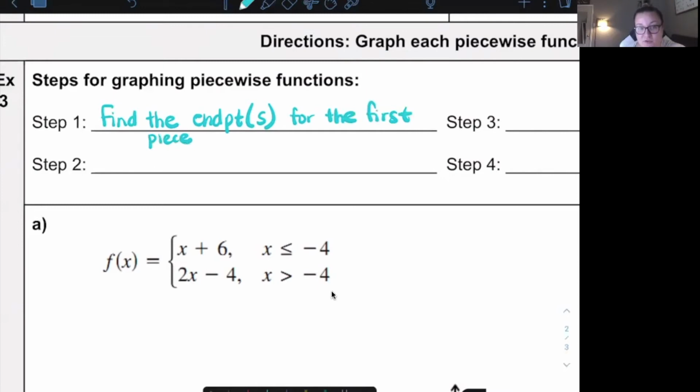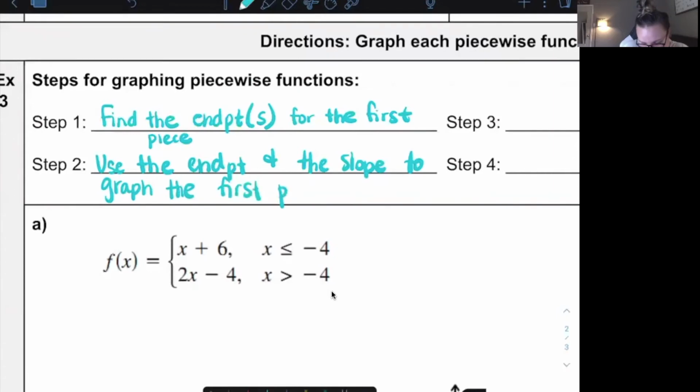Then step 2 is use the endpoint that you found in step 1 and the slope to graph the first piece. Then step 3 and 4 are to do the same things as step 1 and 2, but for the second piece of your piecewise function.